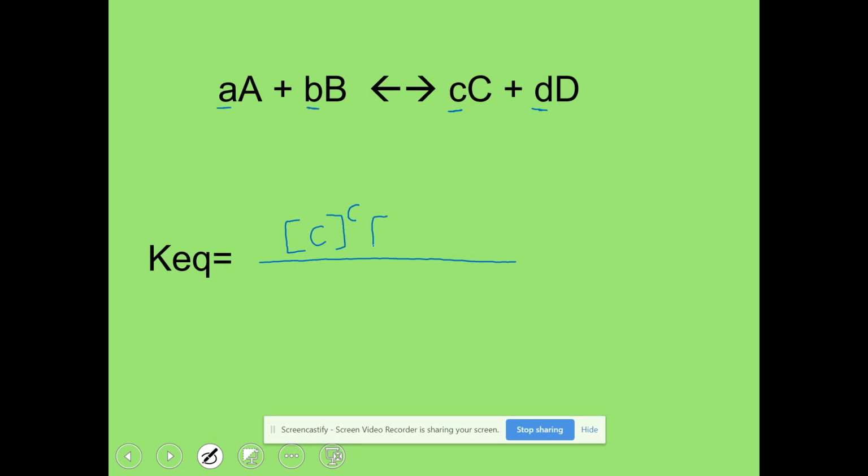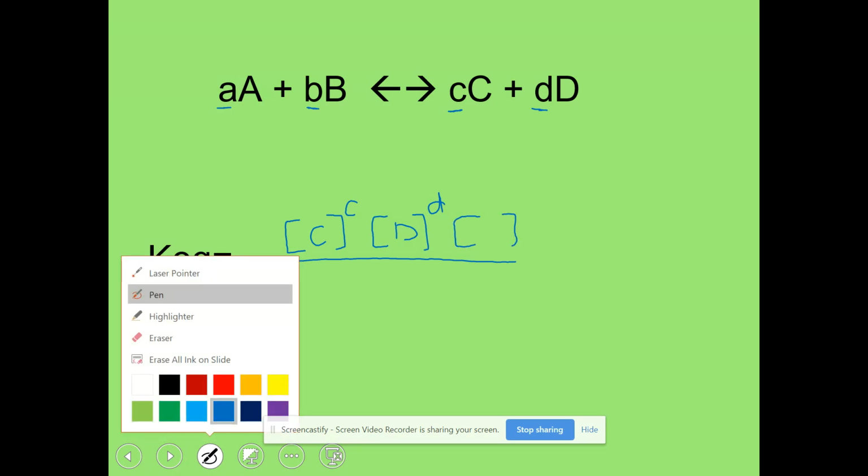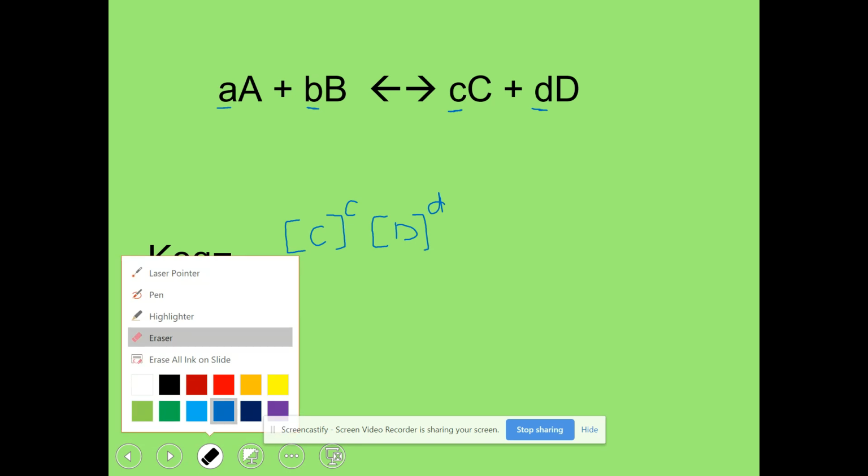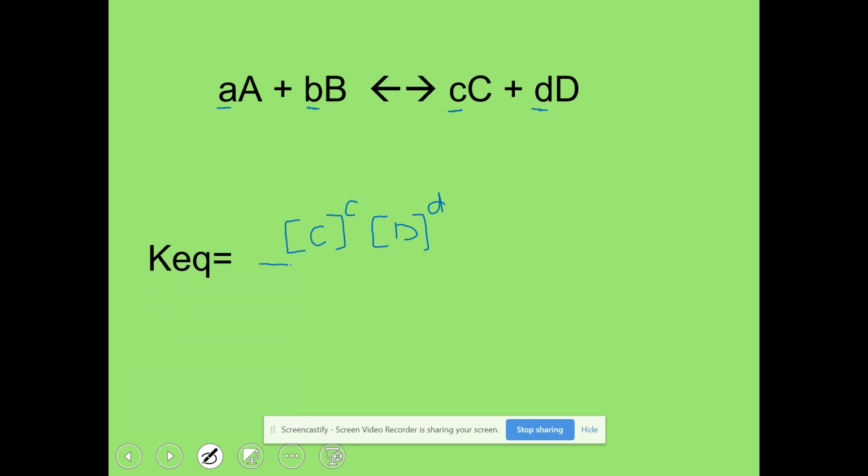That is multiplied by the concentration of D raised to the power of its coefficient. If you have 3 products, you'd have a third one up here. If you have 4 products, you'd have a fourth one up there, etc. But we only have 2 products, so there's only going to be 2 things on the top.